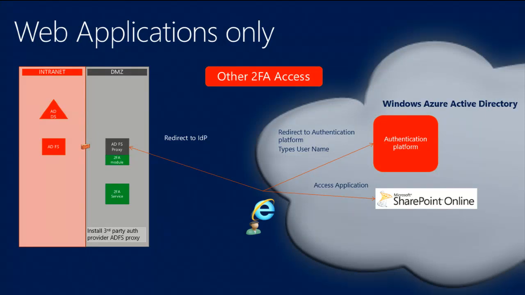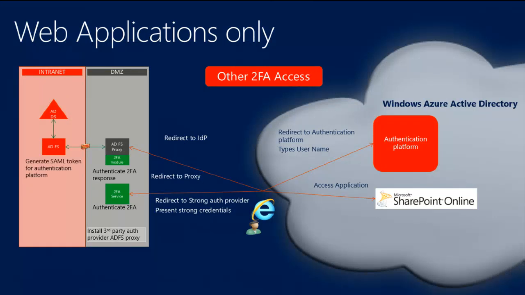In this case, ADFS will redirect me saying, hey, you need to go and do whatever this smart card provider is going to tell you, or whatever this third-party 2FA is going to tell you to do. You prove that. You get back a little token from it. You send that over to the proxy again. It verifies it because the 2FA module within ADFS says, great, you actually did do what you were supposed to do. You get a response, and you send it off to the application.